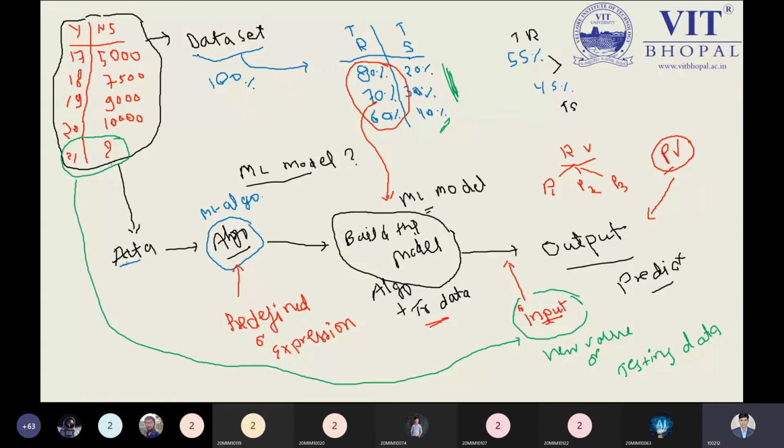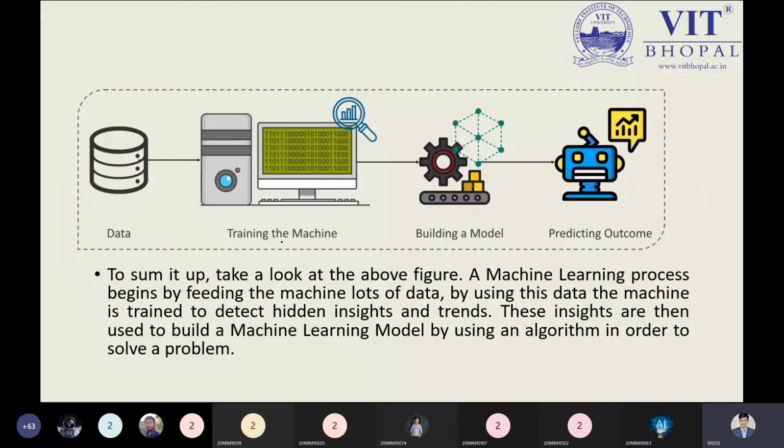TR means training data and TS means testing data. So this is our slide which describes what we have covered so far. This is the data.